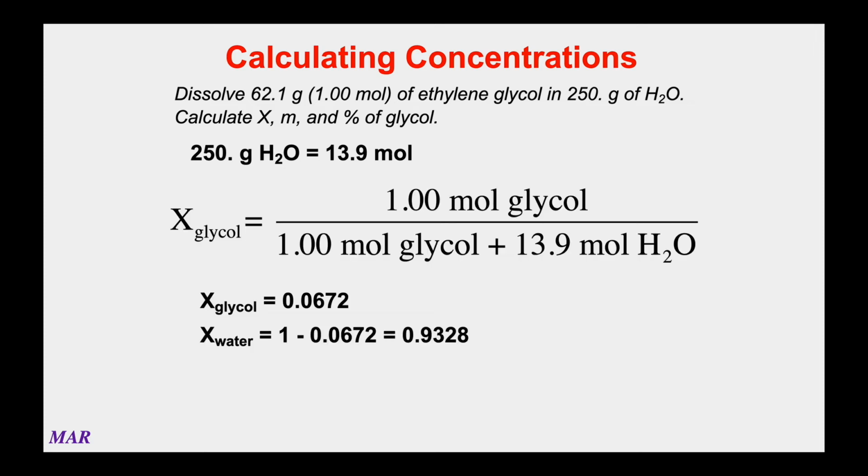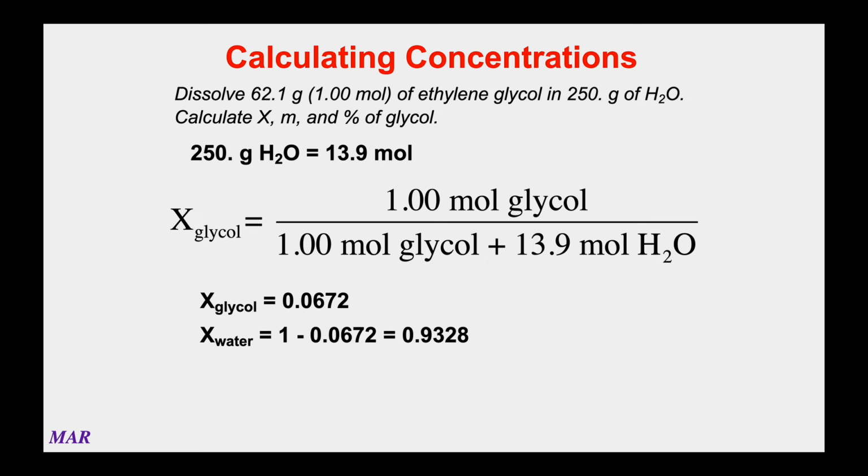So mole fraction of ethylene glycol will be moles of ethylene glycol divided by total moles. And total moles here comes from ethylene glycol and water. So mathematically, you would have 1 on the top divided by 1 plus 13.9. Make sure you put those moles in parentheses. Do not put in your calculator 1 divided by 1 plus 13.9.